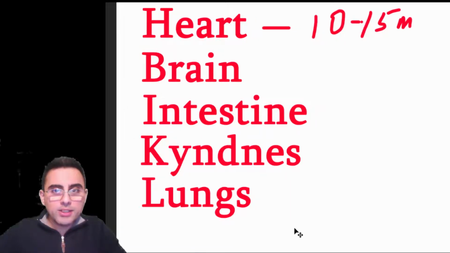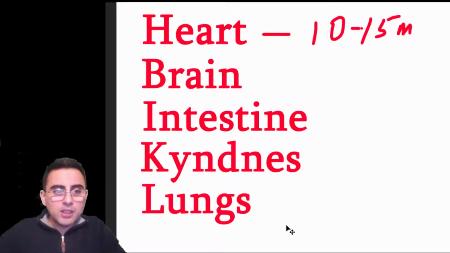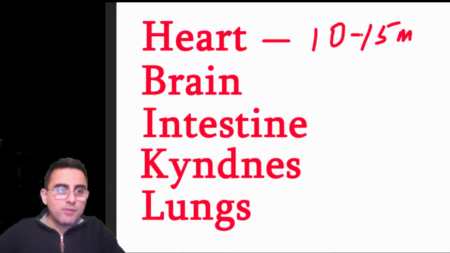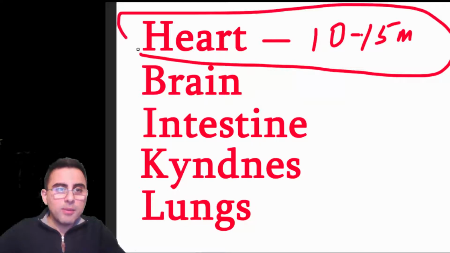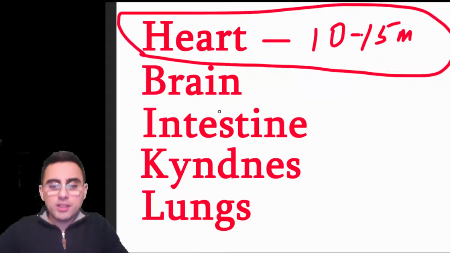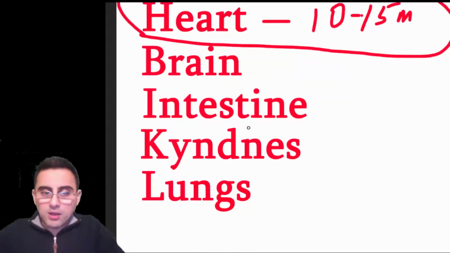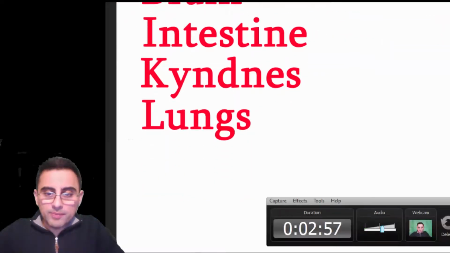It may be the pancreas, maybe the spleen, maybe the testicles and other organs, but it's less common. The most common cause of infarction is ischemia of the heart. Number one is heart infarction.